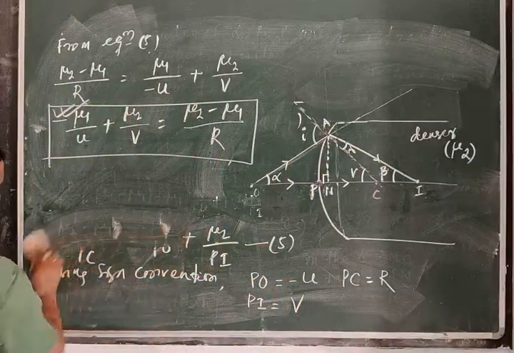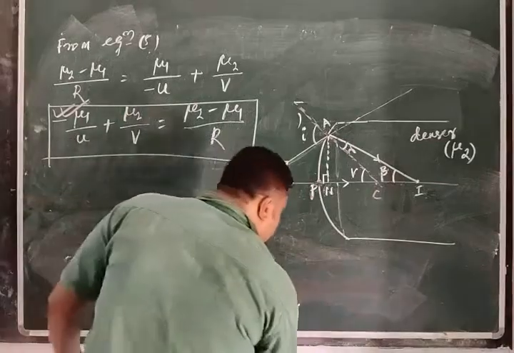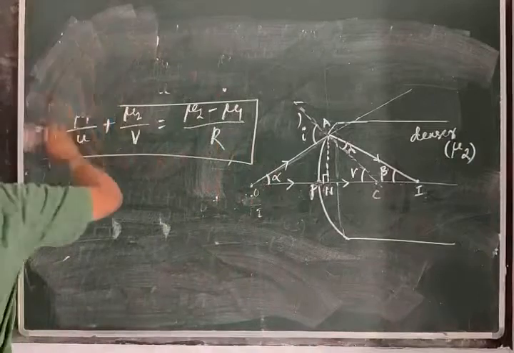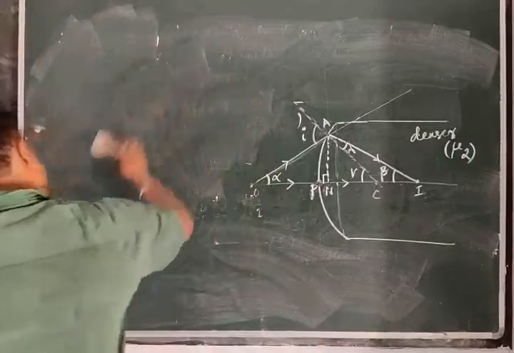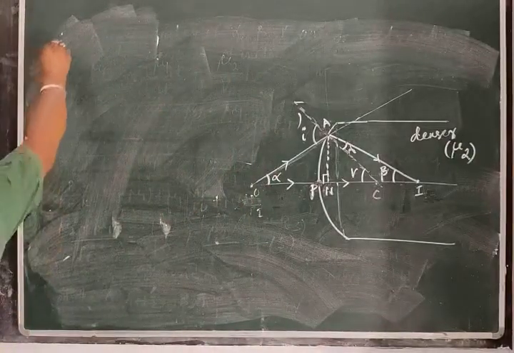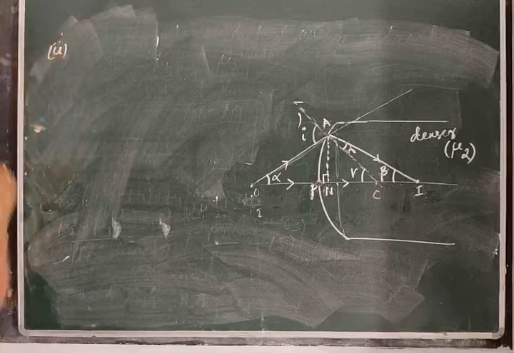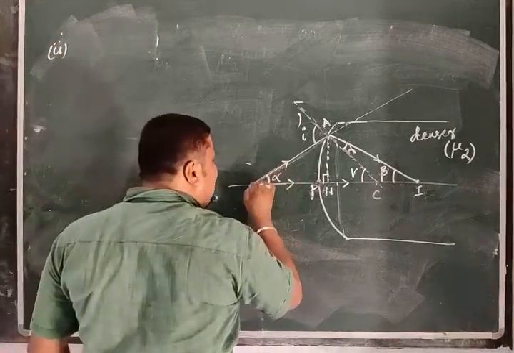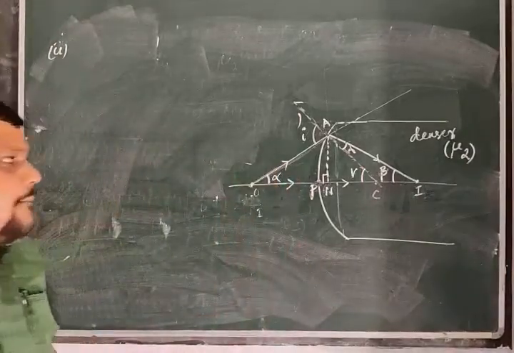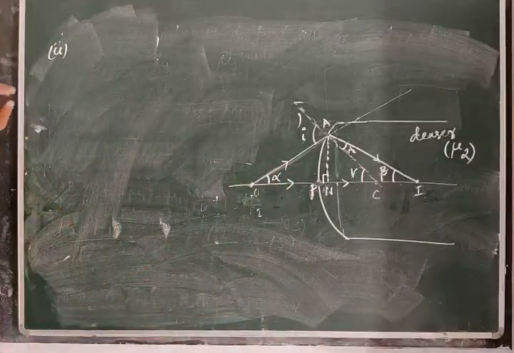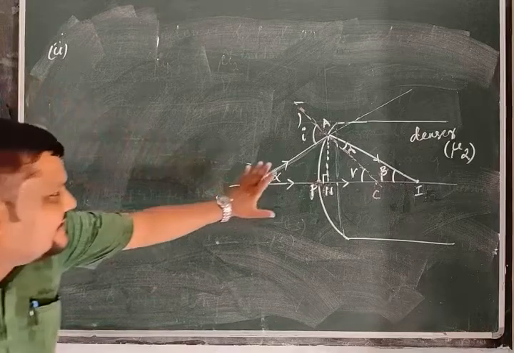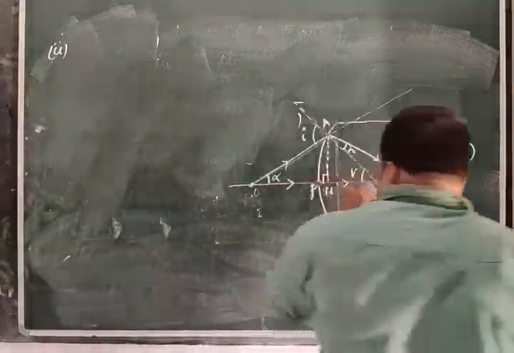Here, in the second case, refraction at a convex surface, the object lies in the denser medium, but the image formed is virtual. How? See the same ray diagram as in the first case.